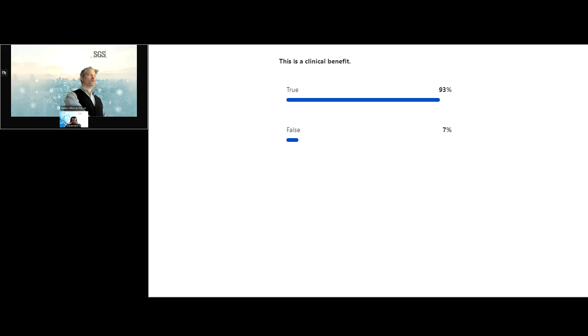Think back to our car and driving example. A few seconds. Good. The answer is yes.